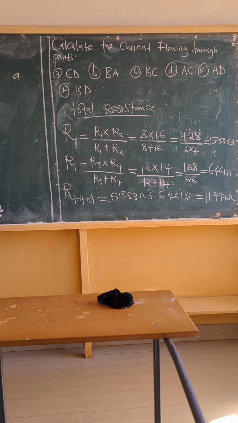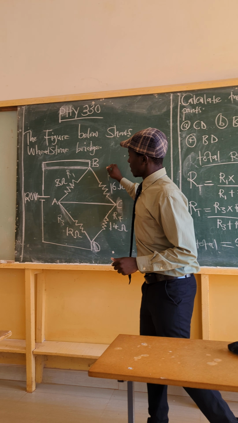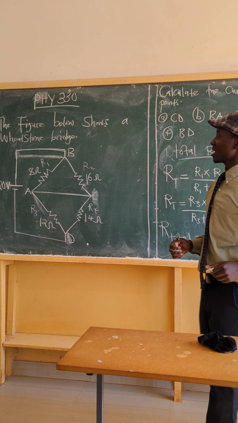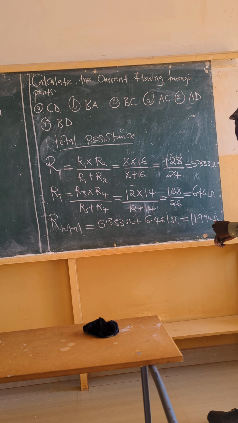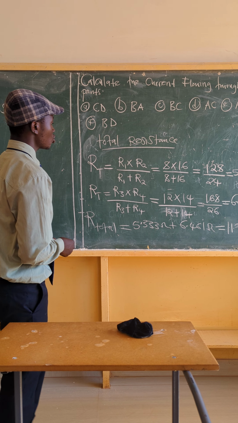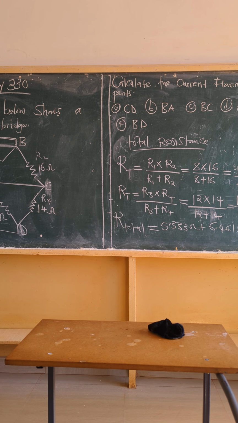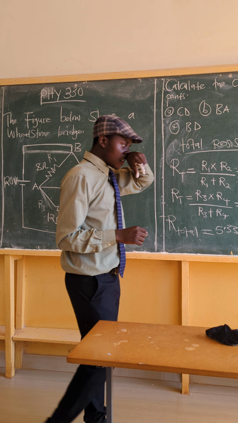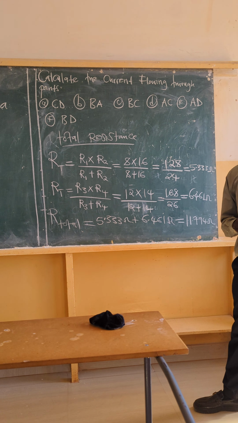Now, since we have this total resistance for the entire circuit, 11.794 ohms, we need to calculate the total current. As we know, in a parallel circuit, the voltage is the same, but the current is different at each branch.